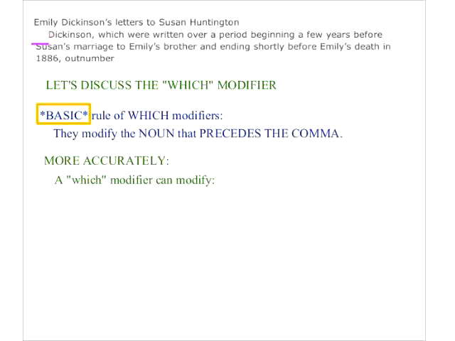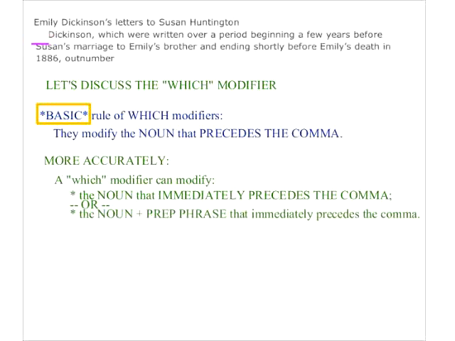So the rule that you've learned is not wrong. But the update that we need is that it can also modify the noun plus prepositional phrase that immediately precedes the comma. So either one of these. It can modify a noun or a noun plus a prepositional phrase.